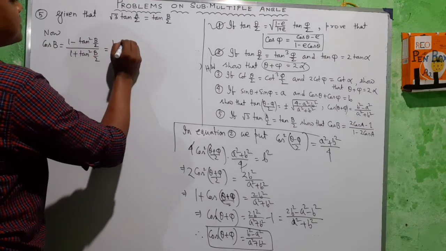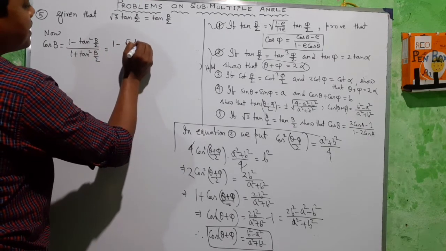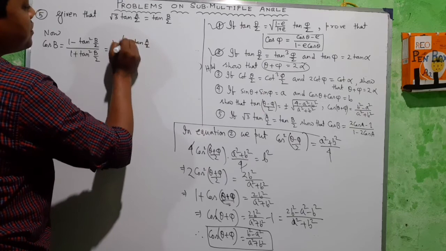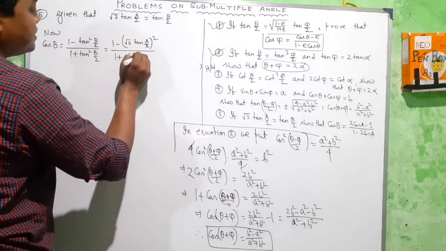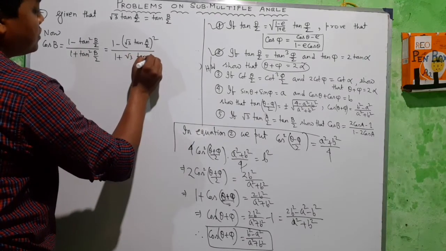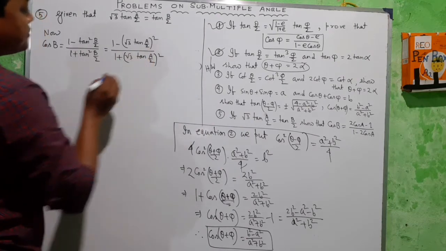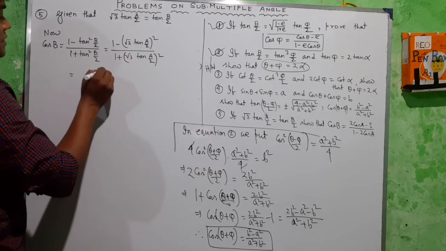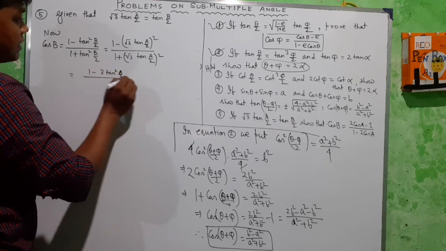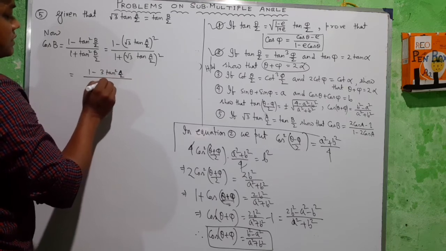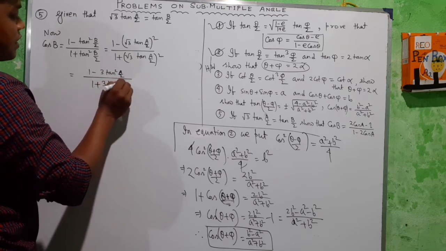That means (1 minus root 3 tan a/2, because this is given to you, whole square) by (1 plus root 3 tan a/2, whole square). So that gives (1 minus 3 tan square a/2) by (1 plus 3 tan square a/2).